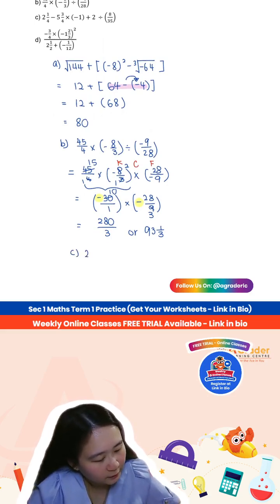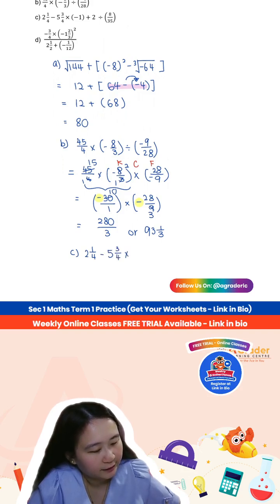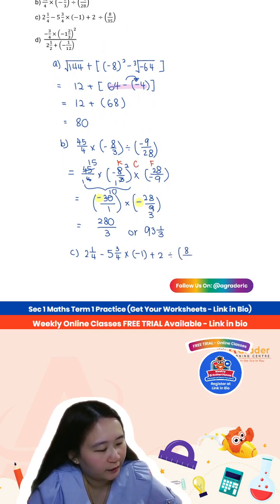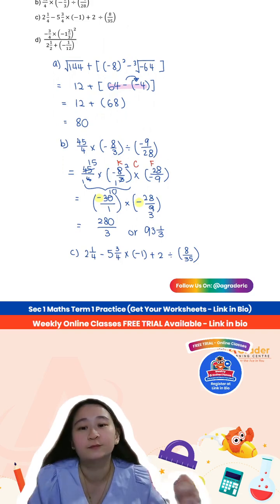Part C, 2 whole 1/4 minus 5 whole 3/4 times negative 1 plus 2 divide by 8 over 35.